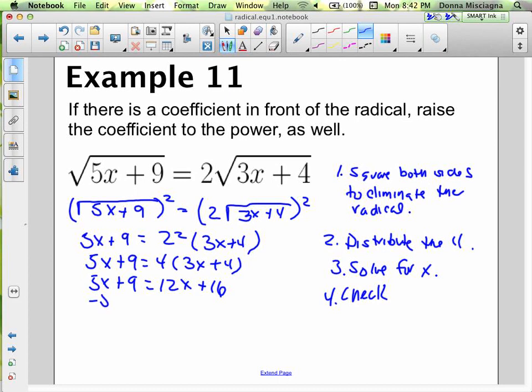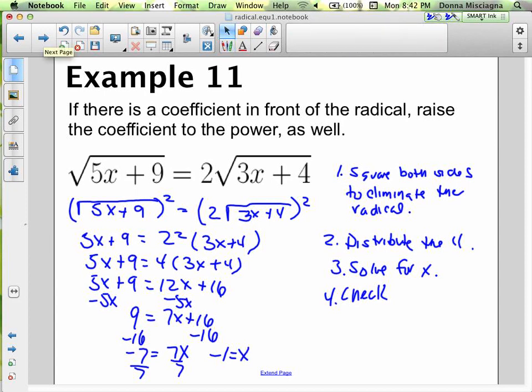We'll subtract 5x from both sides. So we have 9 equals 7x plus 16. Then we'll subtract 16 from both sides. That gives us negative 7 equals 7x. And then divide by 7. I'm running out of space, I should have written it a little smaller. Negative 1 equals x. Now we have to check our solution and make sure it's good.